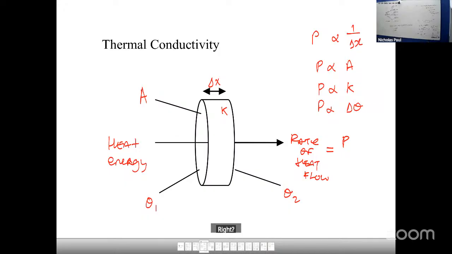So from this, when you're done, we can squeeze in the little formula there. So from that, we have this nice little formula.